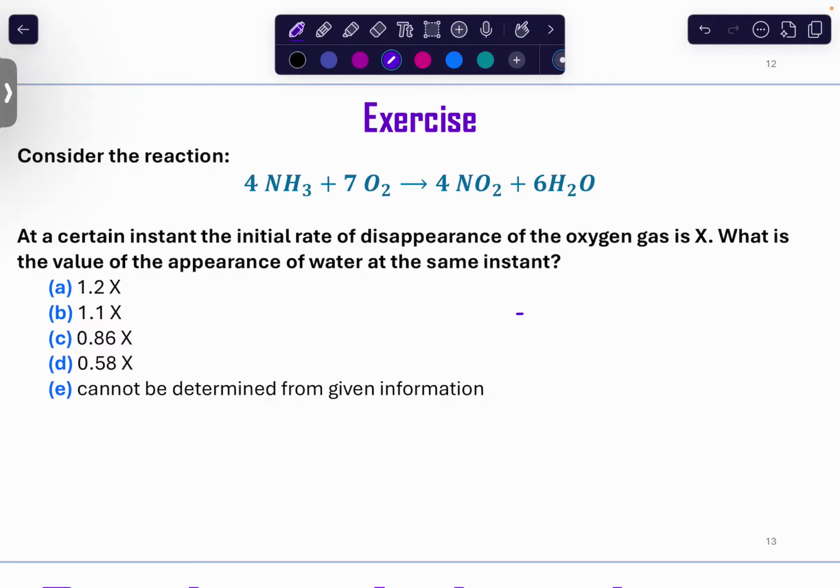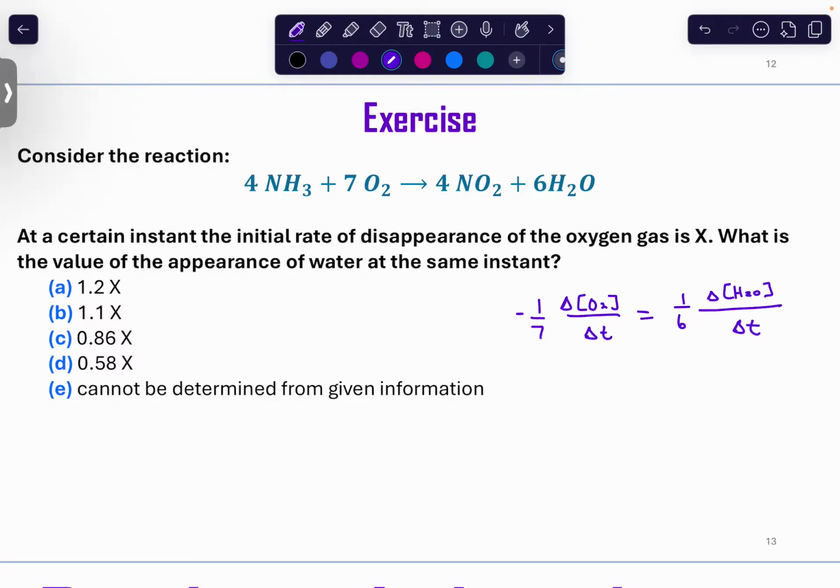Okay, so we can start by saying 1/7. And then on this side, 1/6, and then the appearance of the water. All right, well, yeah, I would.